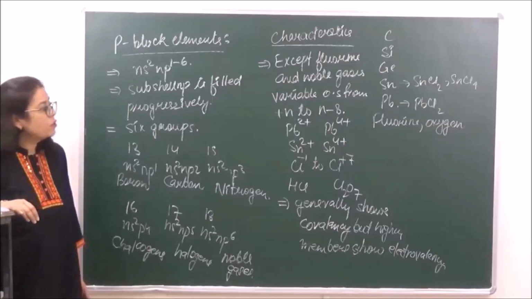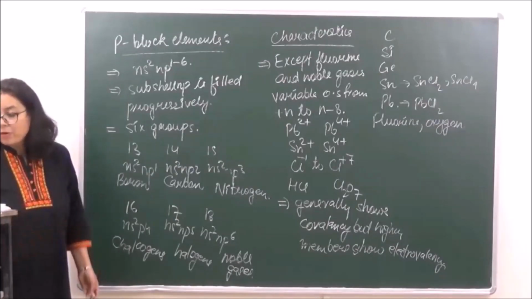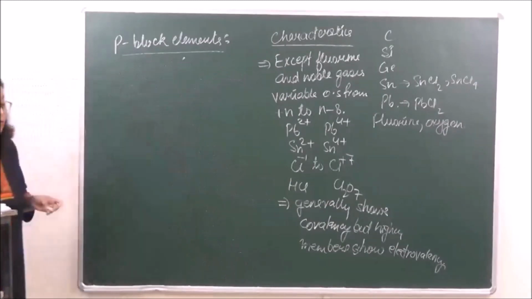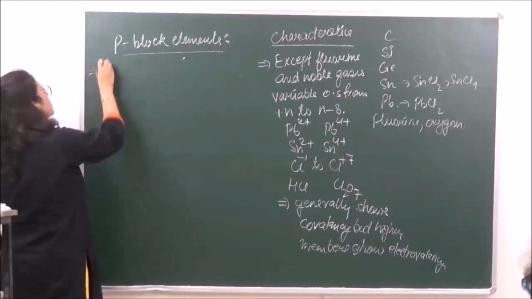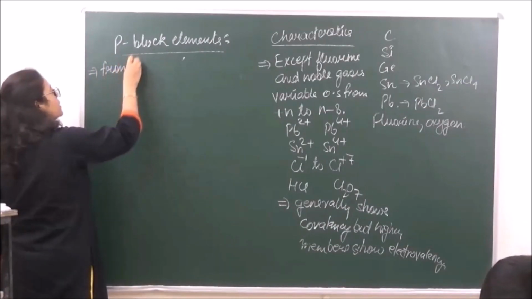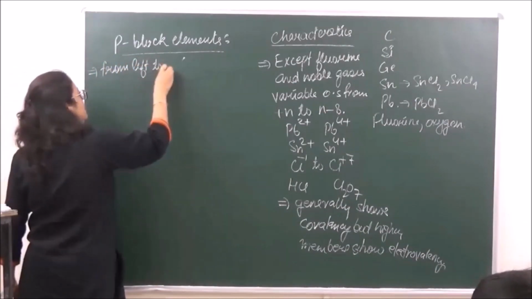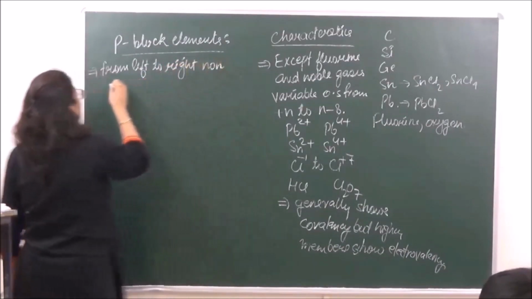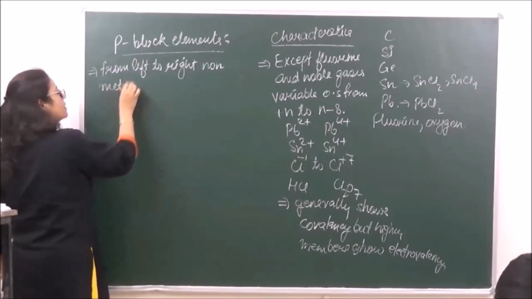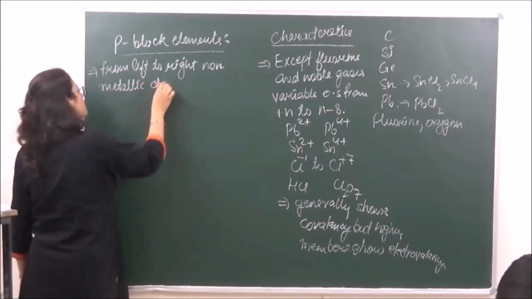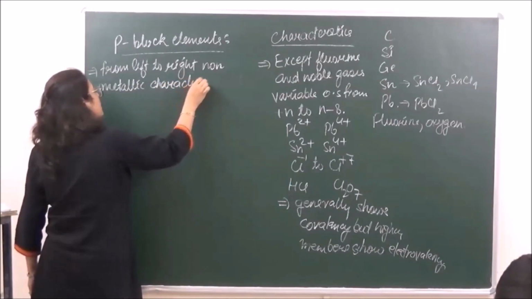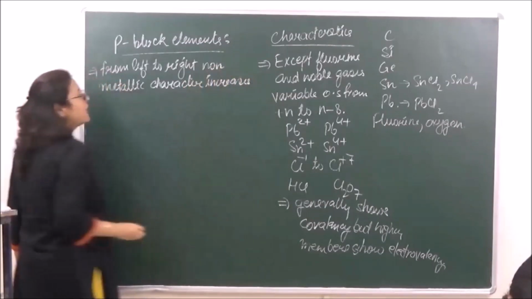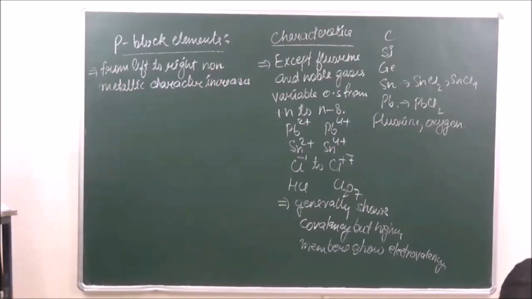Then next, when we are talking of the p block, in a period from left to right, non-metallic character will keep on increasing. So we are saying that in the p block, from left to right, non-metallic character increases, right?